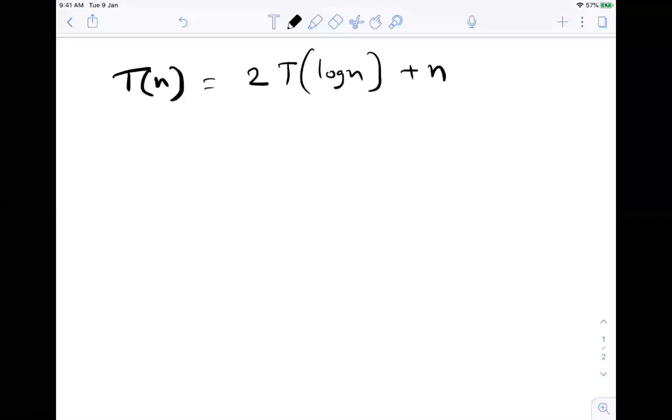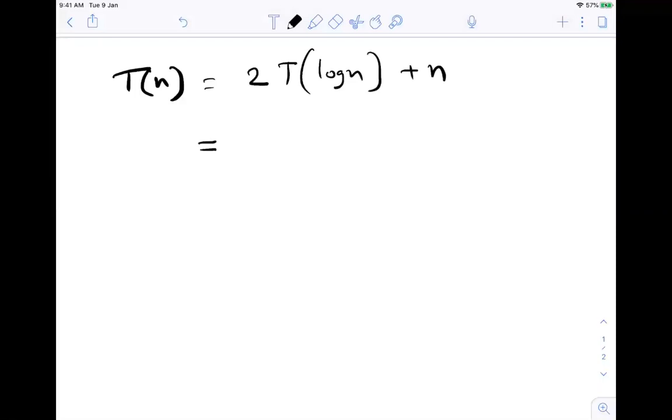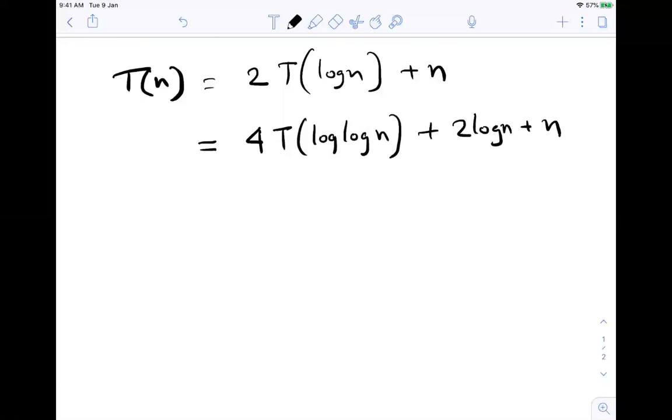First of all, one thing to notice: we might want to expand it once more. What if I expand it once more? It will give 4T(log log n) plus 2 log n plus n. The main idea is that this is log n, this is n, and this is log n.